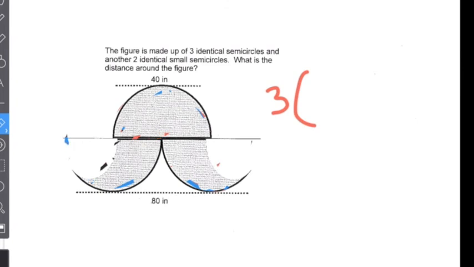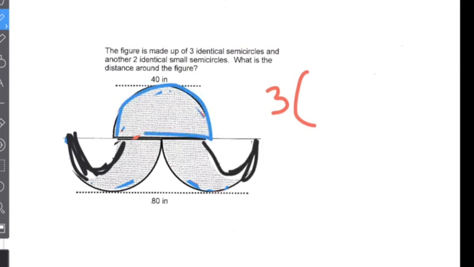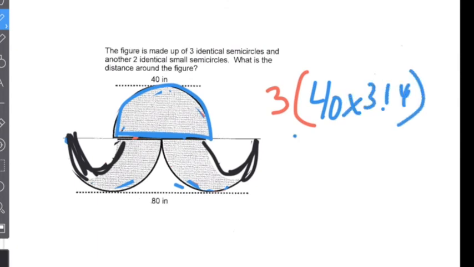So again, this goes like this. Each of these big semicircles has a diameter of 40. So it's going to be 3 times 40 times 3.14, but you need to divide it by 2. The reason I'm dividing by 2 is because they're semicircles.